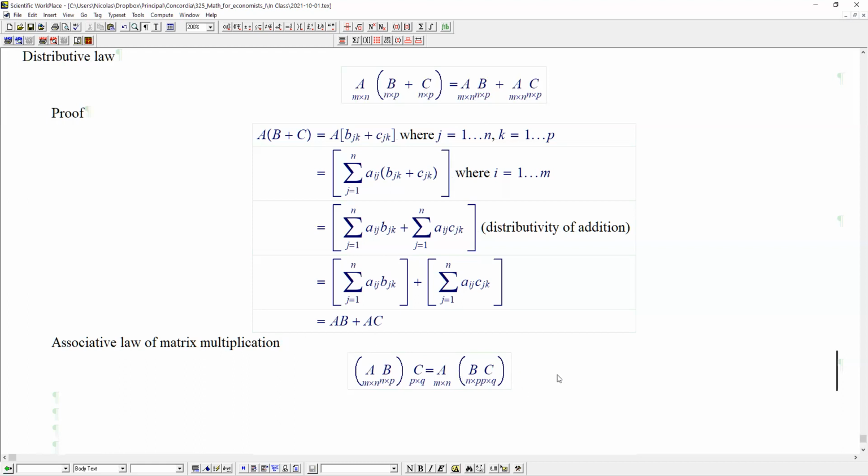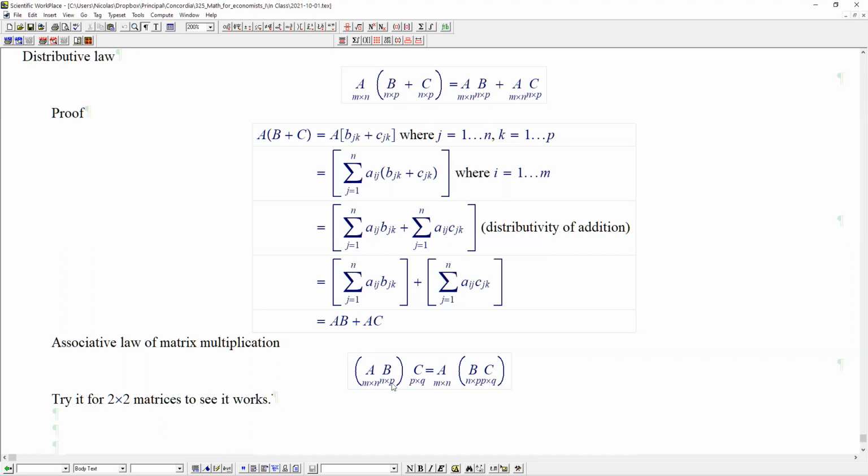Believe it or not, you can show it in like 5 lines that this is true. It's just messy to think about. So if you want to try, yeah. No, don't try it. You're going to try it for 2x2s to see it works.